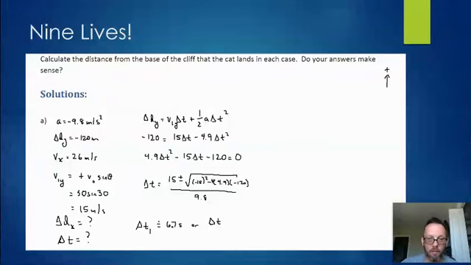And we got, for a second time, negative 3.6 seconds. So we can ask ourselves, do both of these values make sense physically, or does just one? And it's just one, 6.7 seconds.